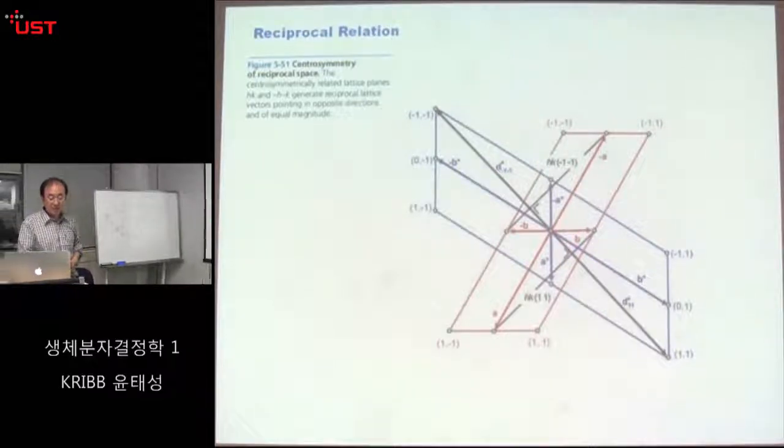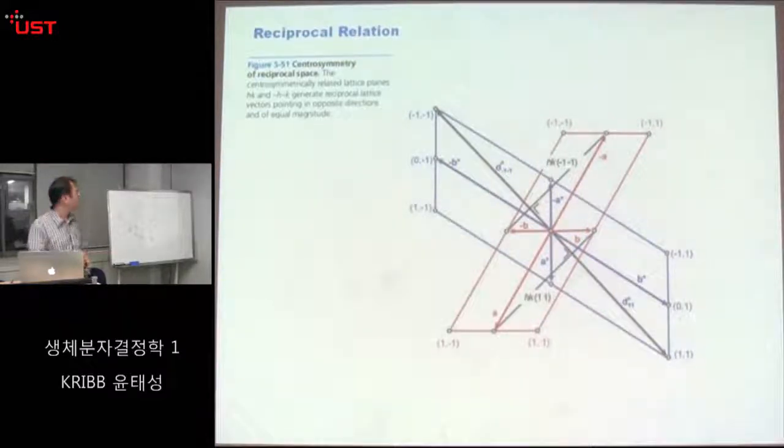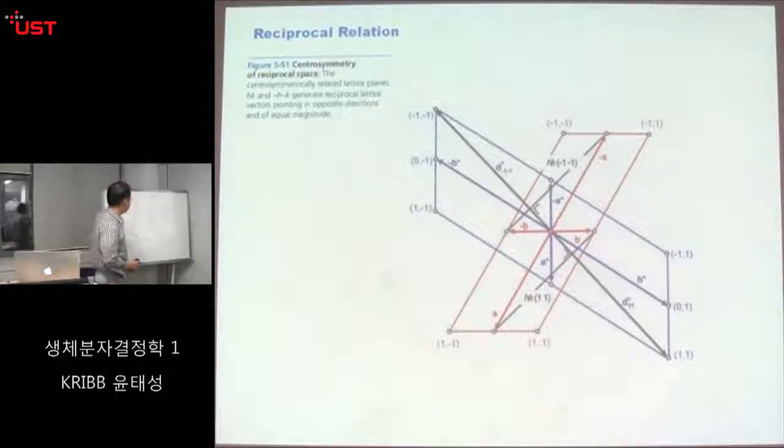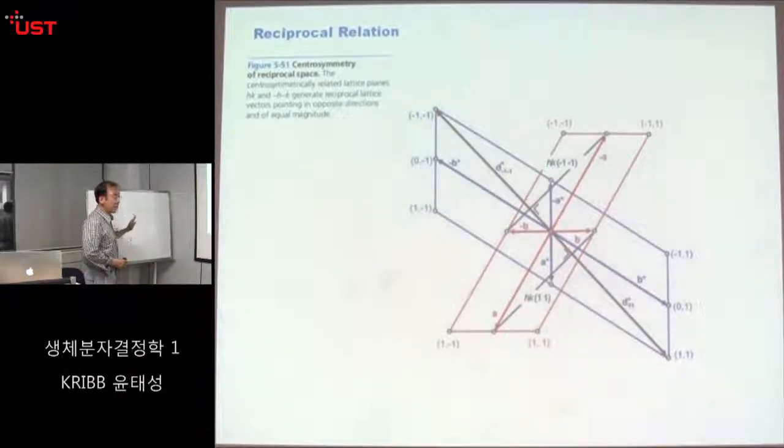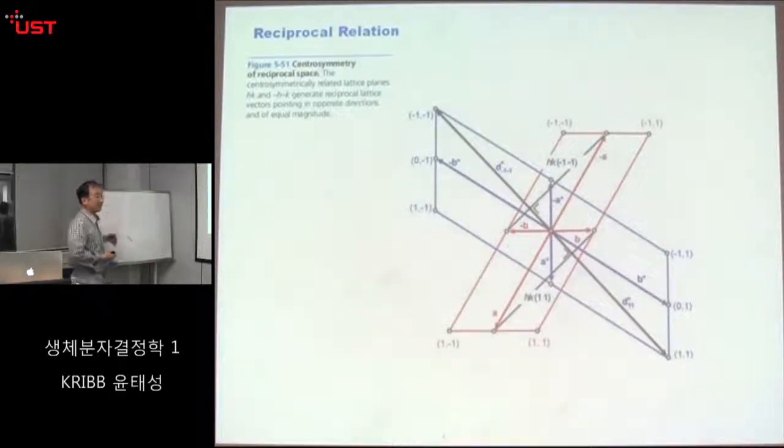Central symmetry of reciprocal space. Actually, if you consider d_hkl and the hkl plane, we cannot distinguish the hkl plane and the minus h minus k minus l plane. I'll not explain this fact further, but actually it's very intuitive and very simple, like this construction.